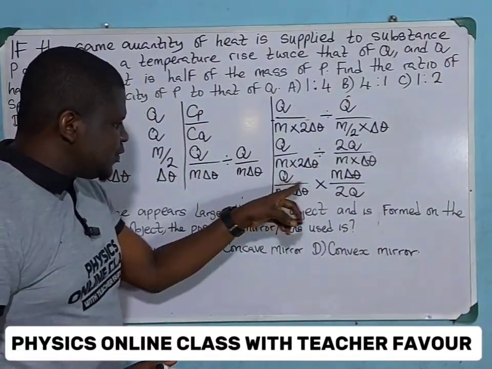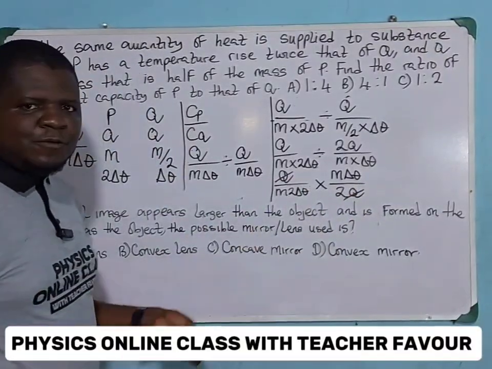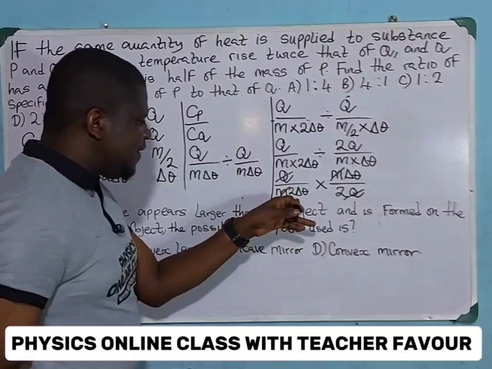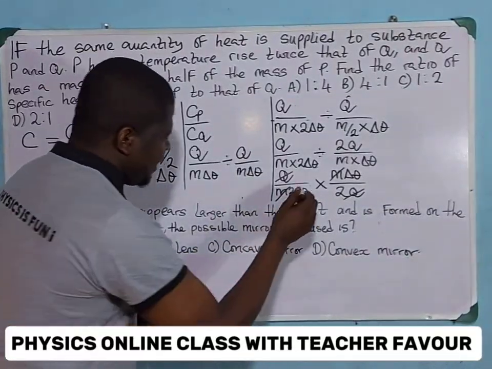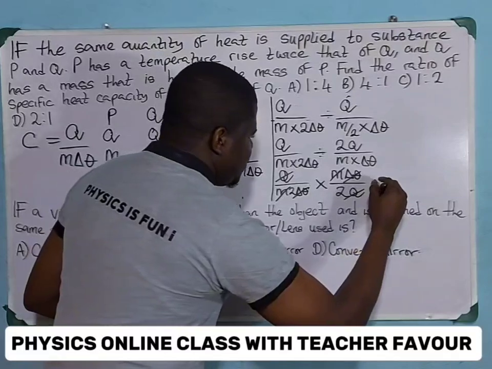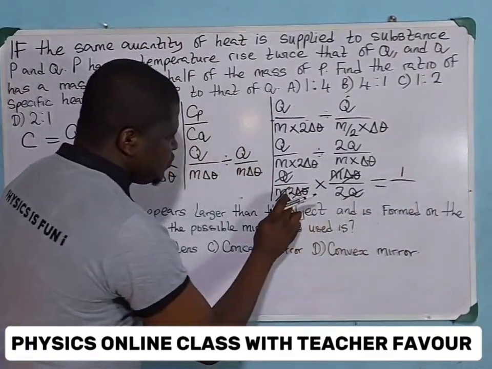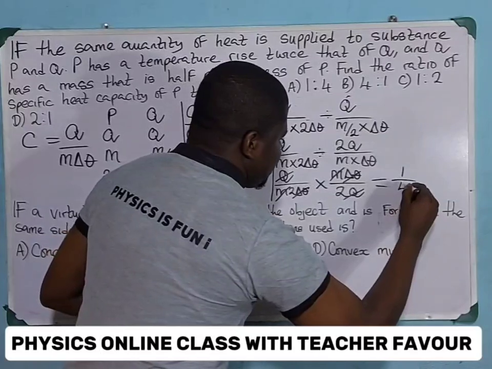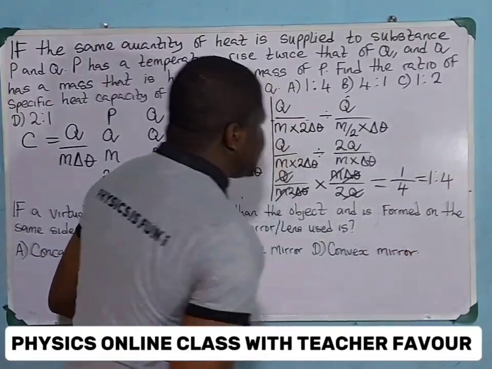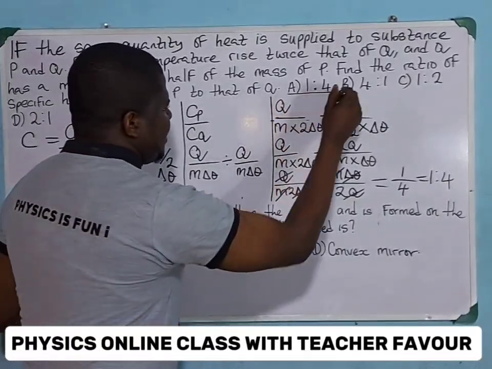Remember, the value for Q is the same, therefore Q will cancel Q. The value for mass is the same, therefore M will cancel M. The value for change in temperature is the same, therefore change in temperature will cancel change in temperature. We will now have 1 over 2 times 2, which is 4. Therefore, the ratio is 1:4. From the options given, the correct answer is option A.